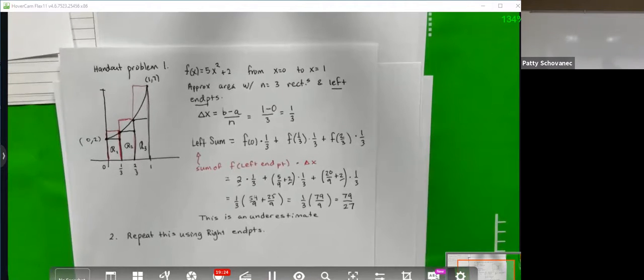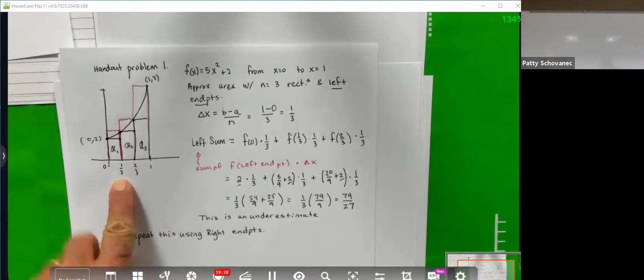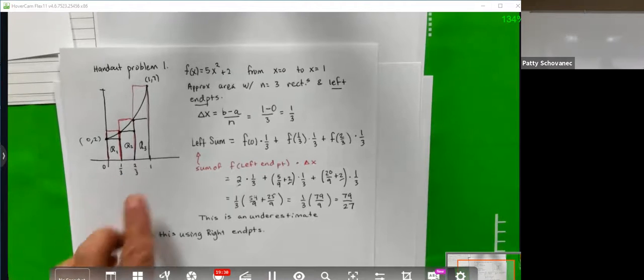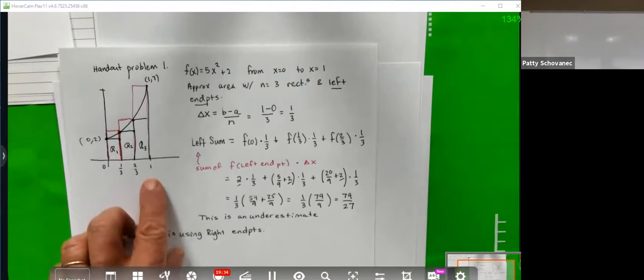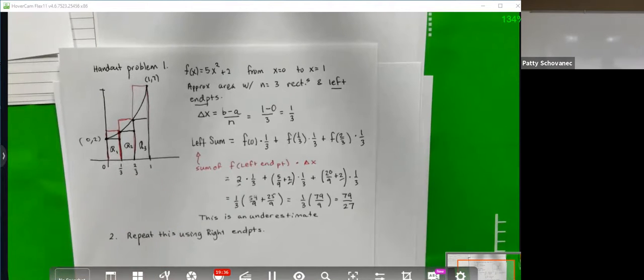So my right sum is going to look like f of 1/3, that's the first height, times my delta x, plus f of 2/3 times delta x, plus f of 1 times delta x.